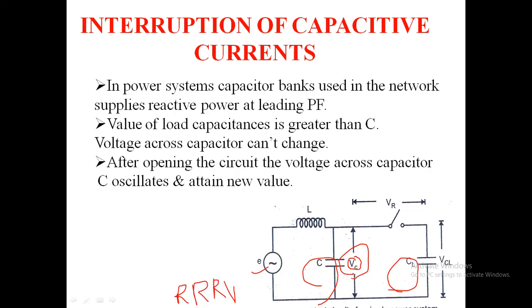The supply voltage at this instant will be at a negative peak, and therefore a high oscillation will take place. Here is the waveform representation with respect to time t.